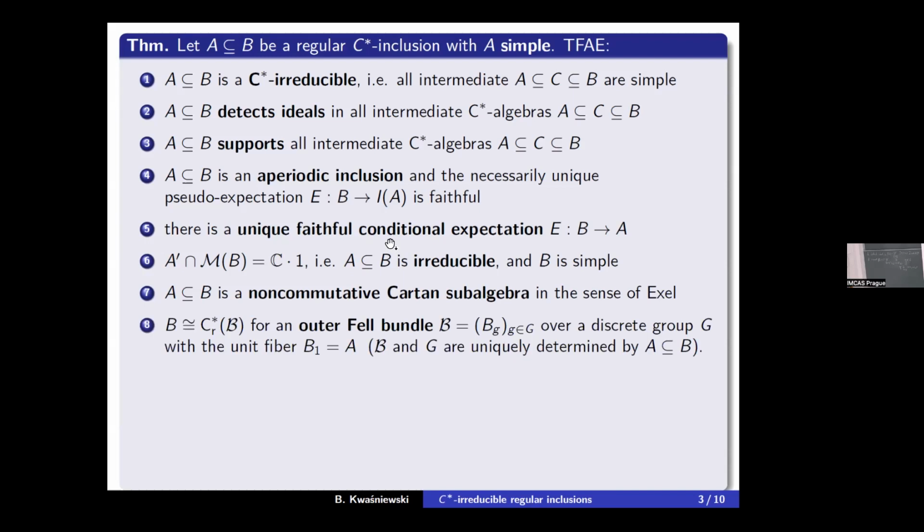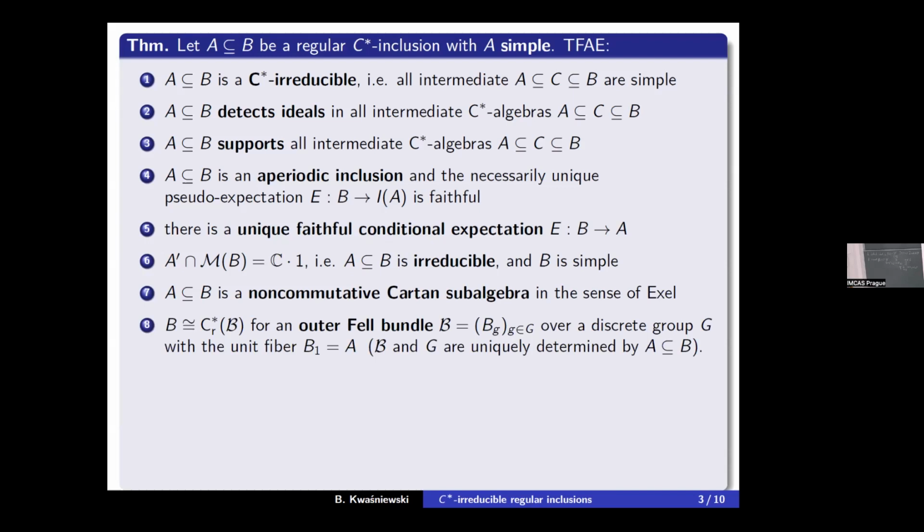And perhaps the most concrete description is that any regular C*-irreducible inclusion in fact comes from a Fell bundle over a discrete group.